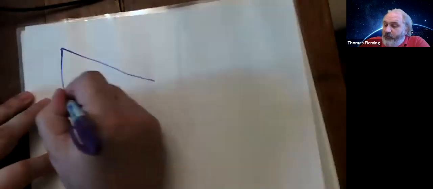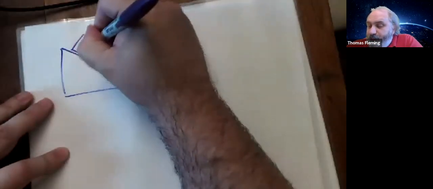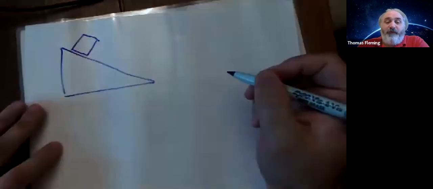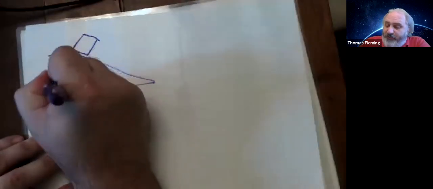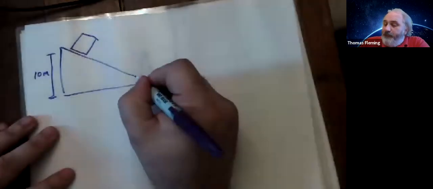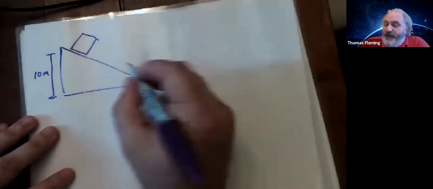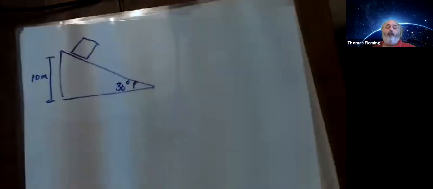So here's a box on a ramp. I love boxes on ramps. Now, what I'm going to do is I'm going to take this box, put it on a ramp, and I'm going to have this guy be, let's say, 10 meters high. Now, I'm going to put it on a ramp, and let's have that ramp make a 30-degree angle with the horizontal.